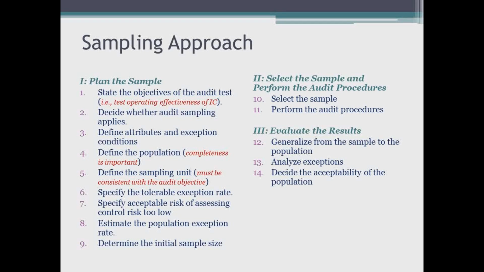And we're going to select those transactions and trace them to the shipping document, right? We're going to select duplicate invoices from the sales journal and trace those to shipping documents, right? So for you to be able to perform sampling, you have to have a population of something to be able to sample from.